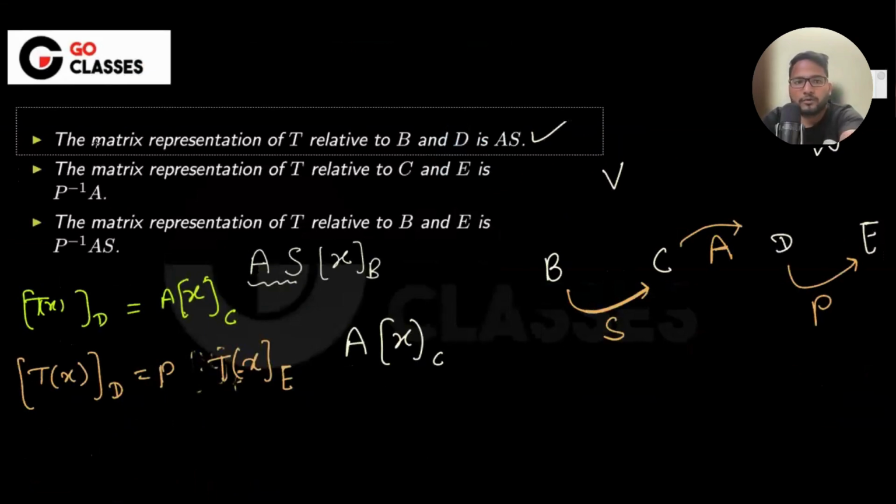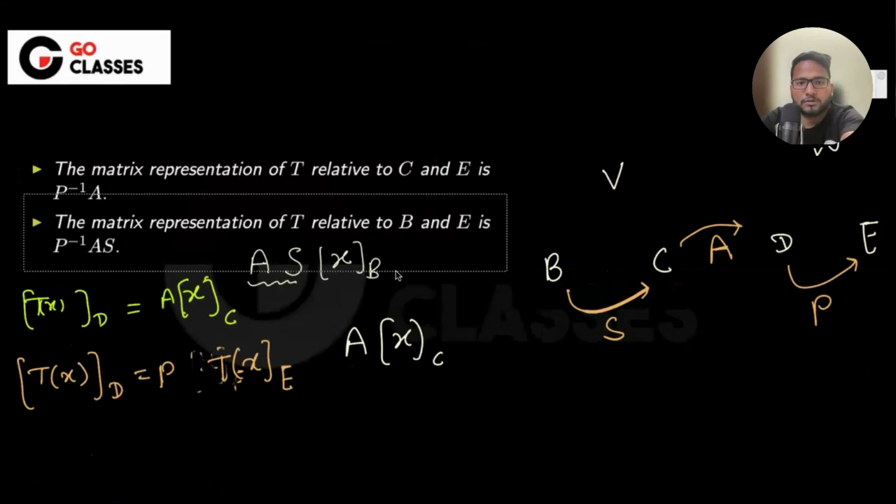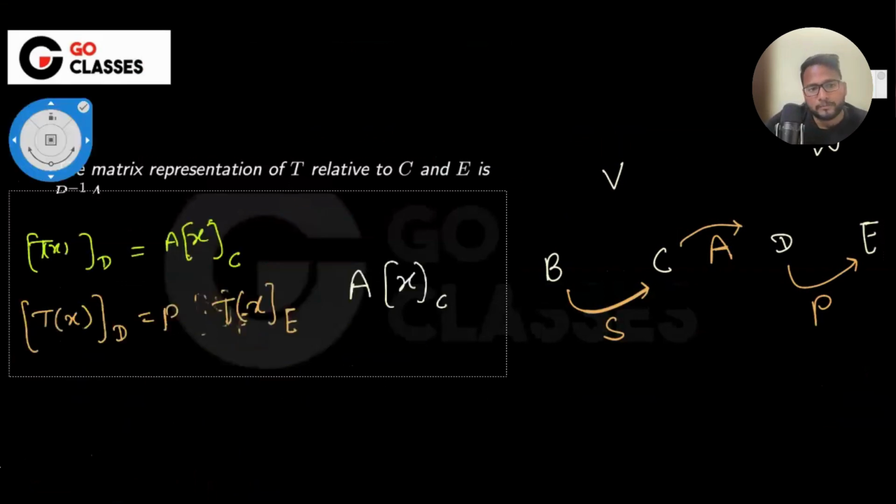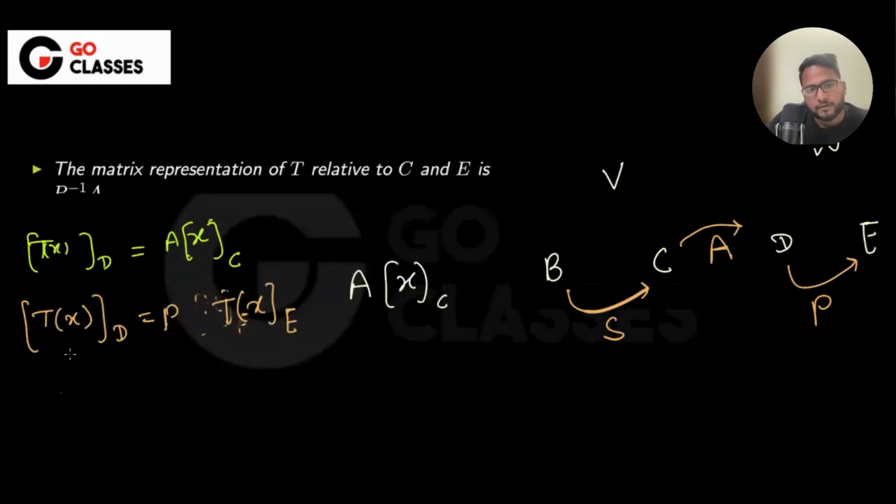So we are solving for this. So here, this thing is A into P into Tx, I mean, this with respect to E.